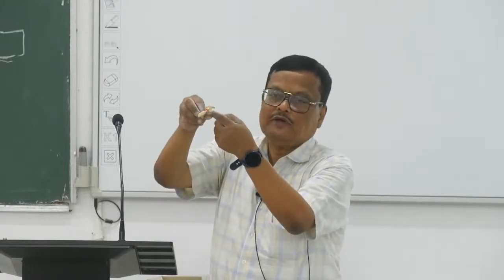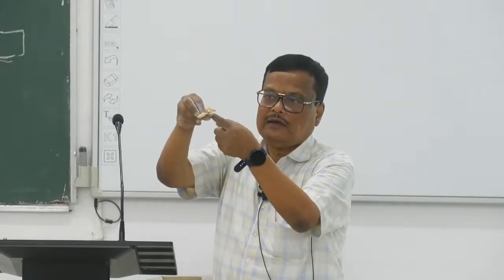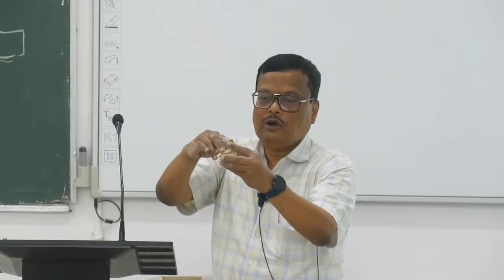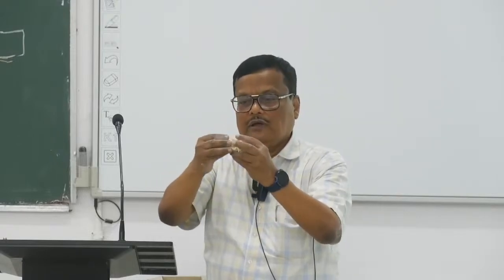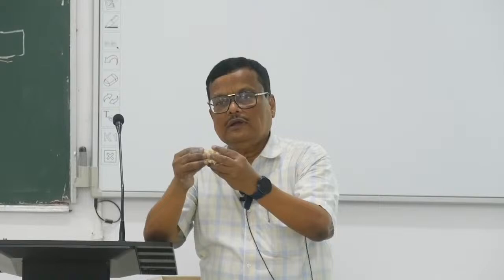Laterally, the inferior surface facet of the atlas articulates with the superior facet of the axis, one on either side, to form the right lateral atlanto-axial joint, and the left lateral atlanto-axial joint.